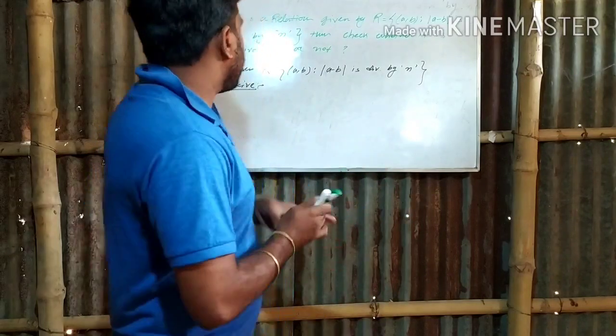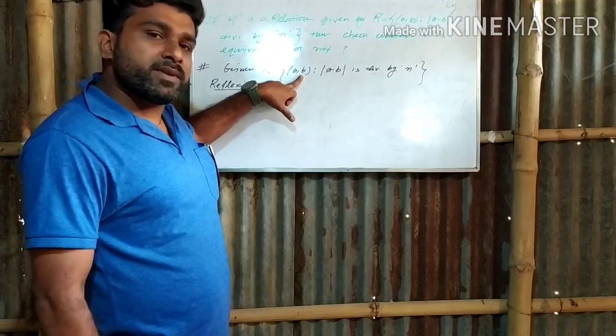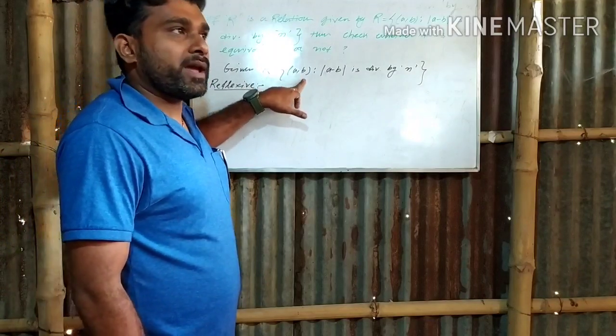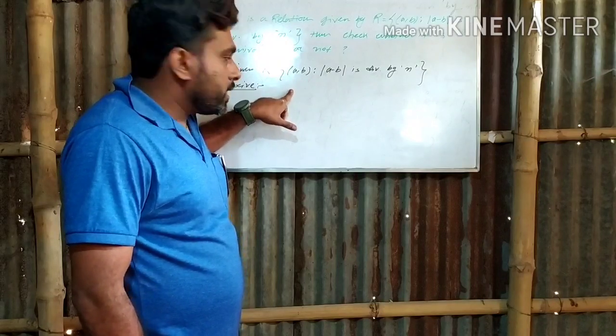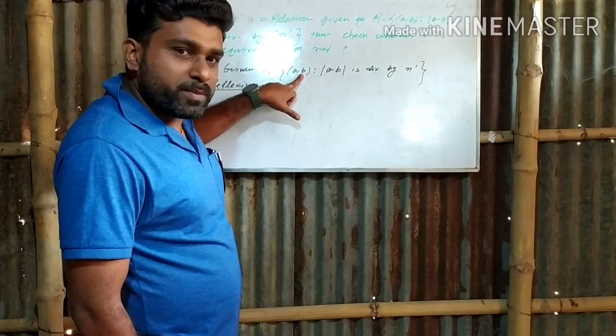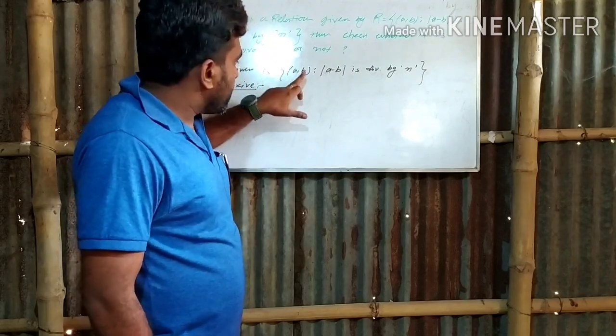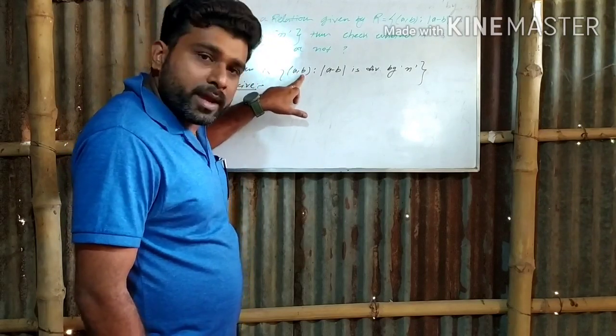Here the ordered pair (a, b) is given in the question. If the ordered pair (a, a) should belong to this relation set, then in place of b we should put a, so the ordered pair will become (a, a).